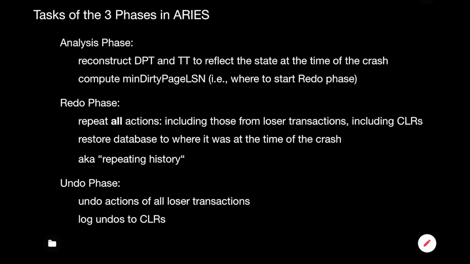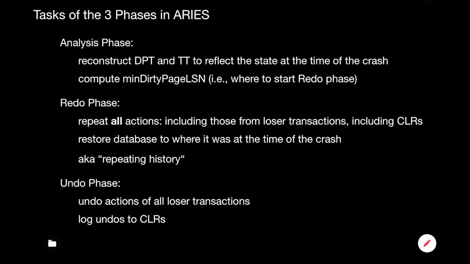When you run the ARIES algorithm, you keep the DPT and the TT, make entries, remove entries and so on. The goal of this phase is to reconstruct those tables. I want to know what the state of DPT and TT was at the time the system crashed. That is the task of the analysis phase.